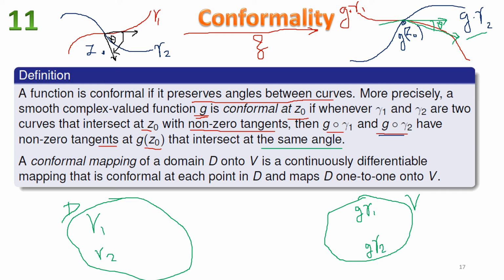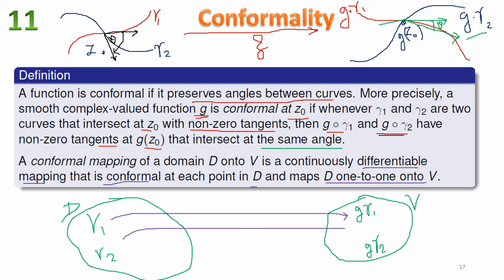Now it is said that the conformal mapping of domain D onto V is a continuously differentiable mapping that is conformal at each point in D and maps one-to-one onto V. So for satisfying the continuous differentiability, this mapping should be conformal, and in addition to that, this mapping should be one-to-one.